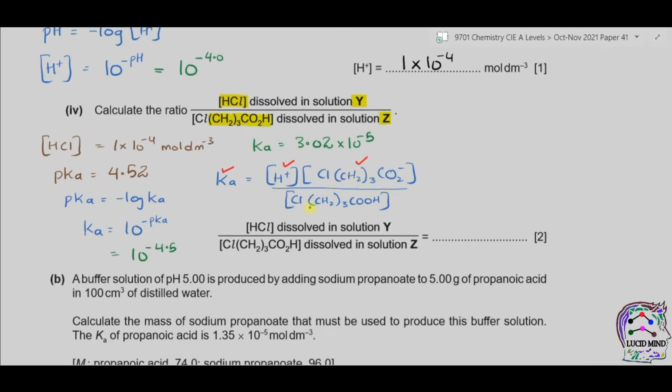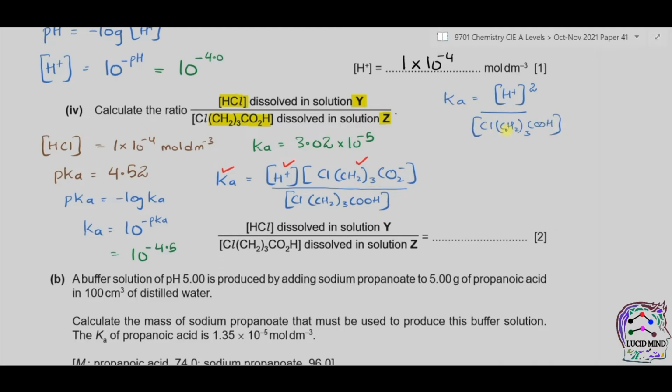This is also given. Now we can find the value of this and then use it to find the ratio. We can rewrite this equation as Ka equals, as both are the same, H plus squared divided by the concentration of acid Cl(CH2)3COOH.